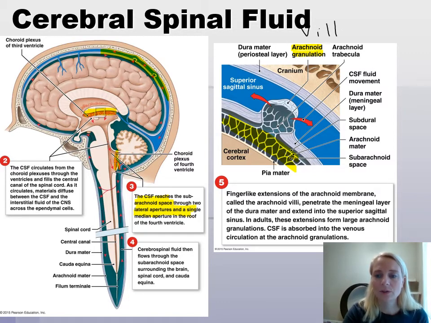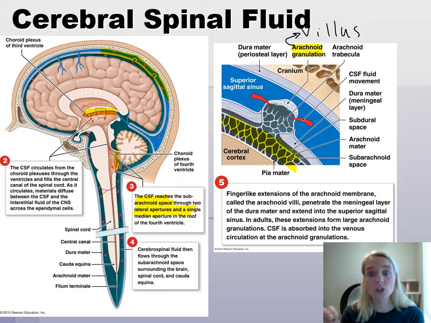I think that's what your lab manual calls it. So either a villus or a granulation. It's these little pegs of tissue that penetrate through the meningeal layer into that dural sinus. The superior sagittal sinus in this case. So all of that CSF flows out into the blood.